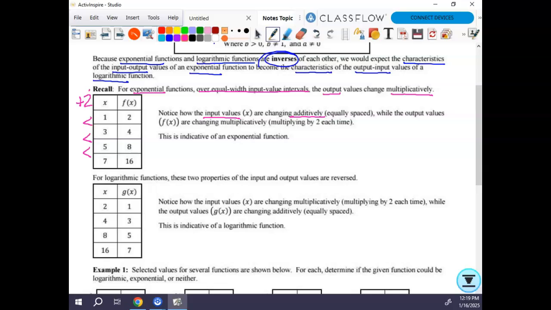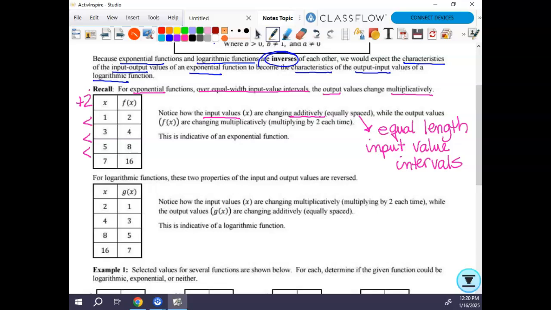That's changing additively and equally spaced. The formal words for that are equal length input value intervals. Those equal length input value intervals are very important to us, because if that's happening, then we care about the patterns we would see in the output values.